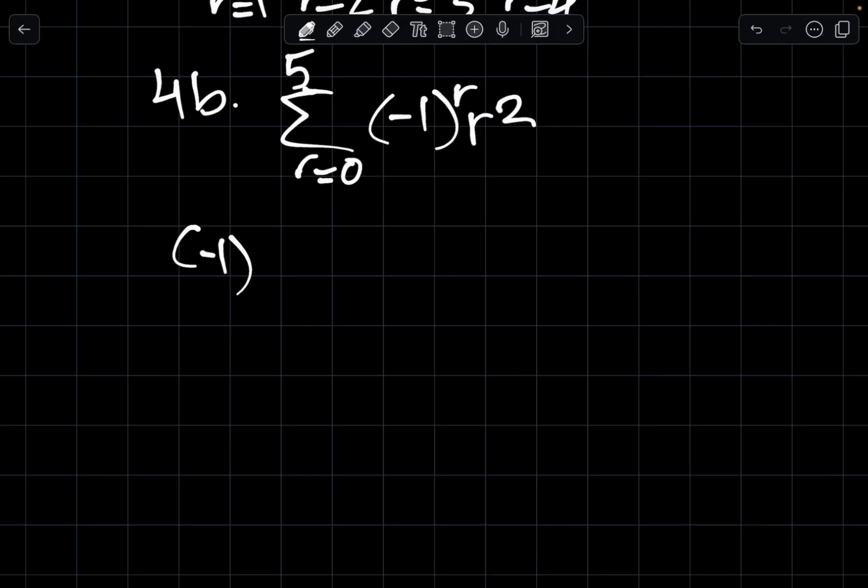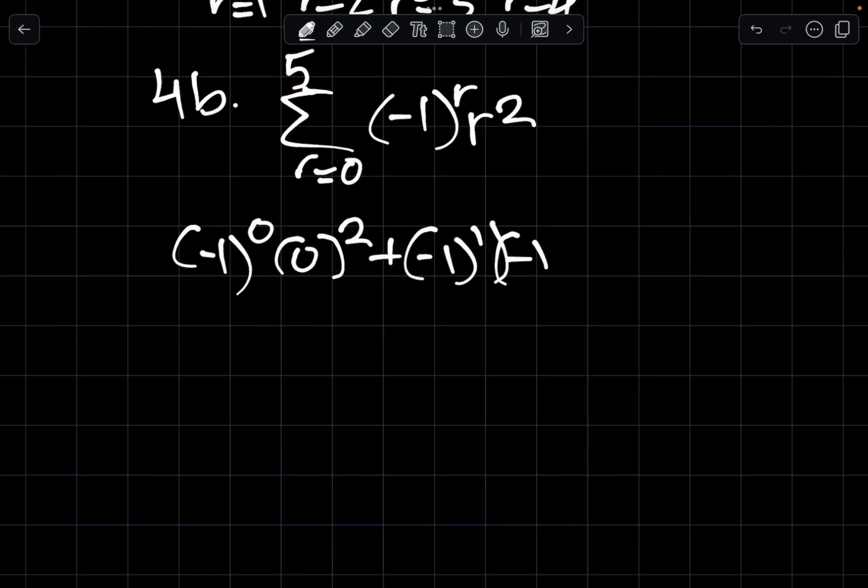We'll have negative 1 to the 0, 0 squared, plus negative 1 to the 1, 1 squared, plus negative 1 to the 2, 2 squared, and so on.